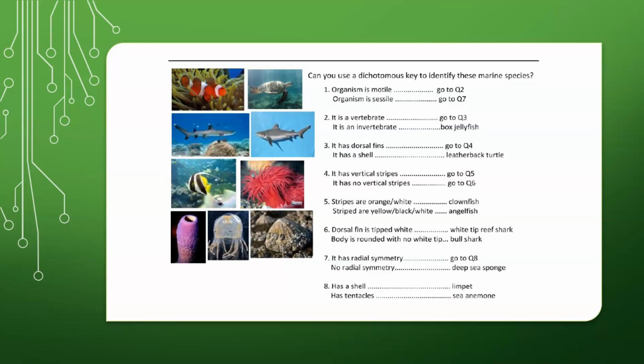Dichotomous keys can be trees, like we just looked at, or they can be questions like this. So we're looking at a marine species, we've got a fish. Is the organism motile, does it move, or is it sessile, meaning it doesn't move? Again, you've got 2 choices, but it's written more as a list.